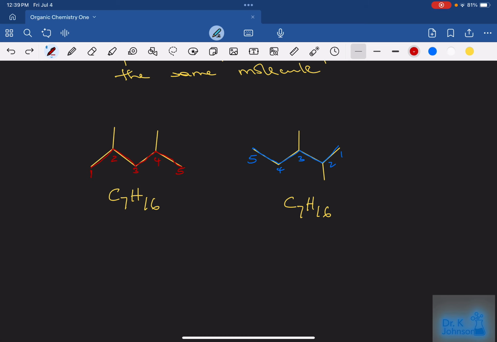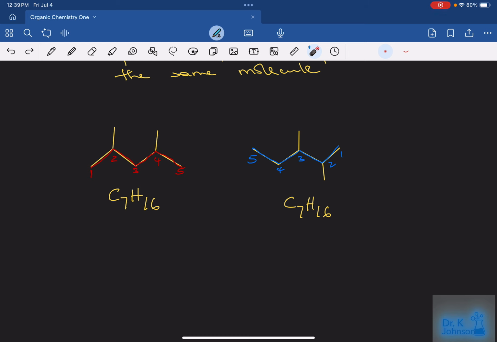So now, following IUPAC rules, I have done my long chain based on those rules. The only thing left now is to say, is the connectivity the same in these two molecules? So let's examine that. I have 5 carbons connected in a long chain. That part is the same.